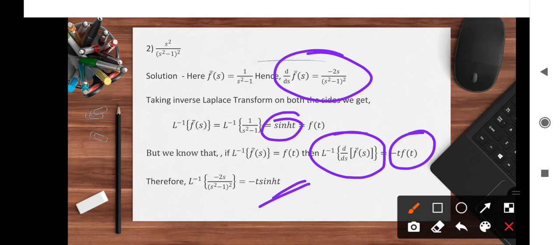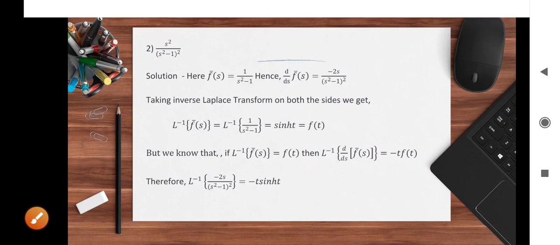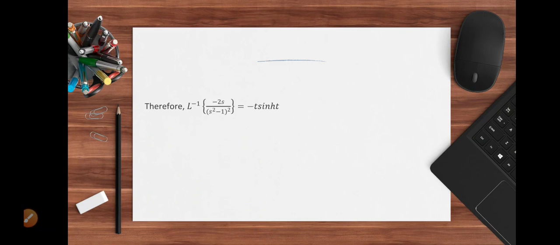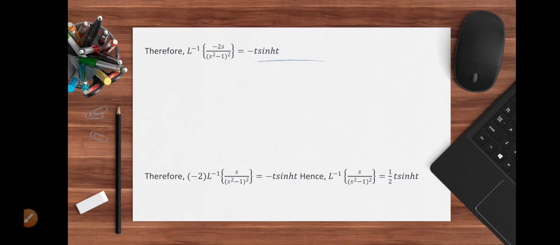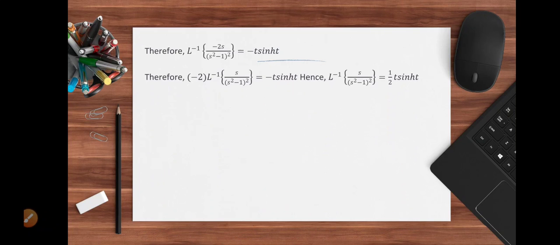Still there is one more factor minus 2, and in the given function it is absent. So you have to use the linearity property of inverse LT. Using that property, we can take minus 2 outside the inverse LT operator.